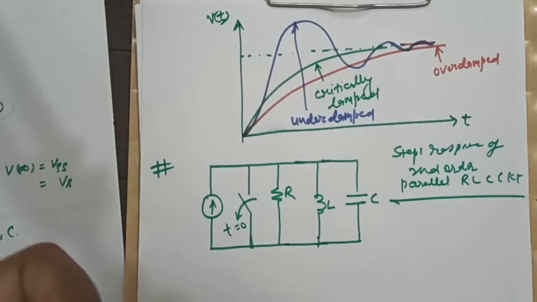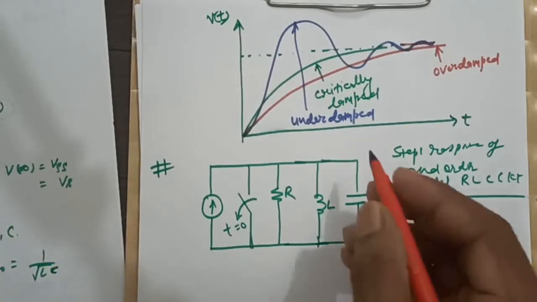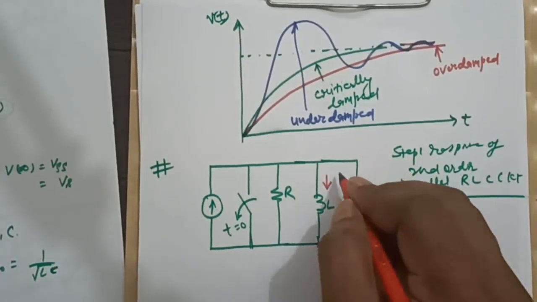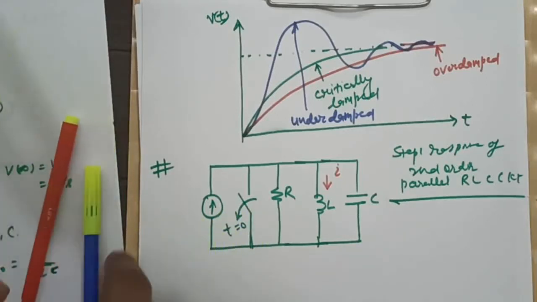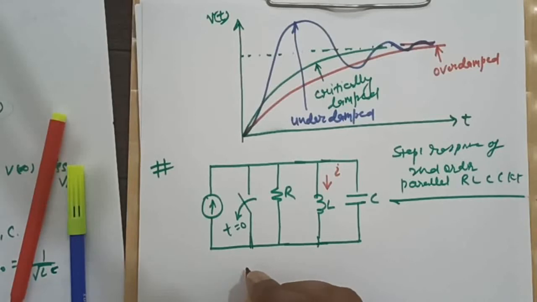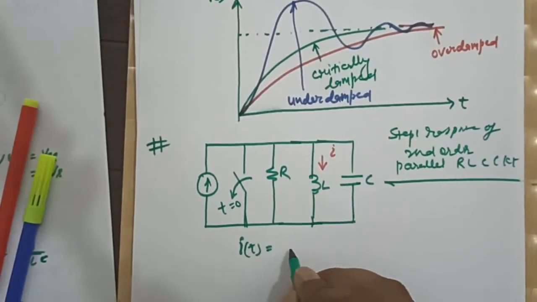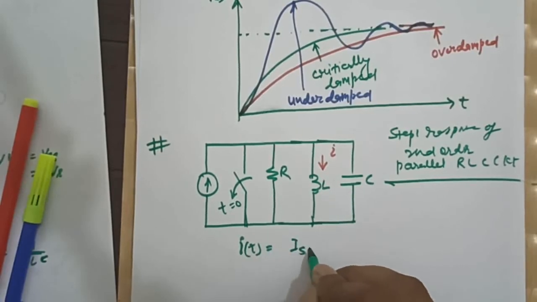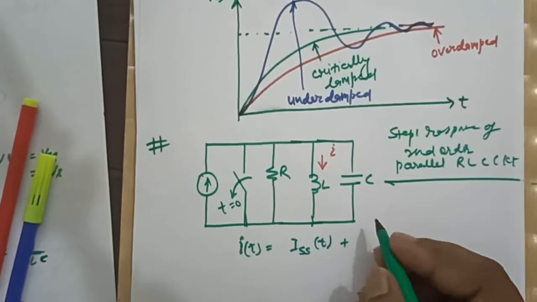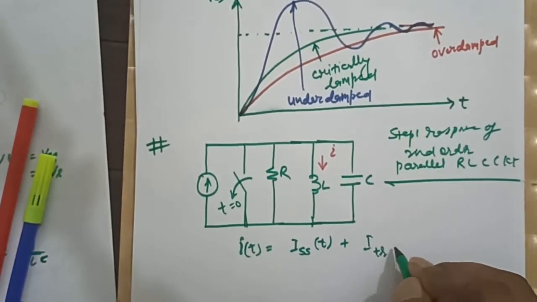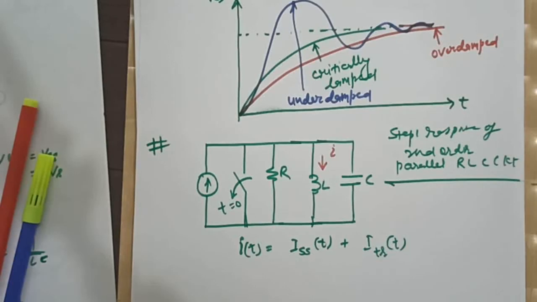I will say, in the case of a parallel RLC circuit, the current state variable is the current through the inductor, right? Same as our previous one, the total response I(t) will be the sum of the steady state response and the transient part, right?